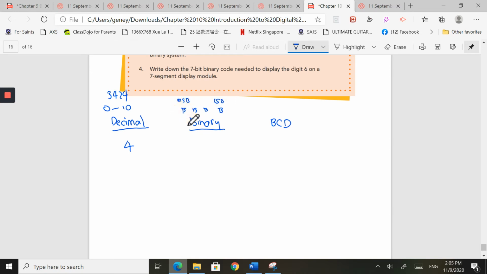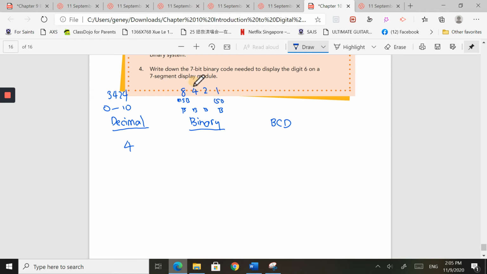All you need to do is remember these 4 numbers: 8, 4, 2, 1. Do you think you can remember 8, 4, 2, 1? These 4 numbers are going to help you convert decimal to binary and vice versa. If my decimal value is 4, to find the binary equivalent I look at 8, 4, 2, 1 and see which of them will give me a value 4.